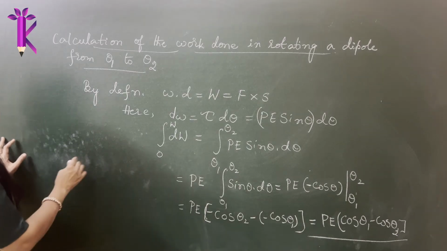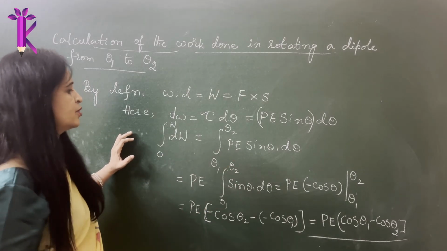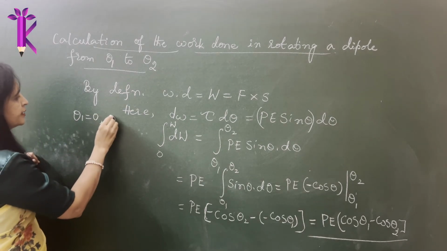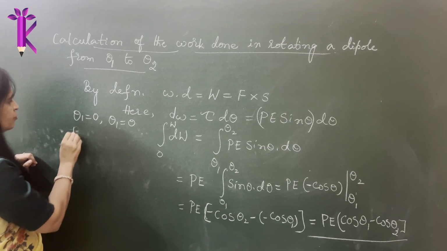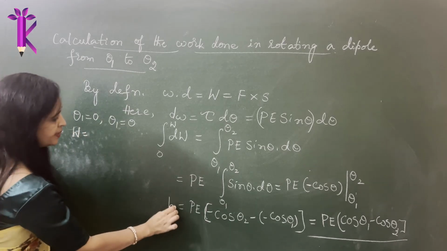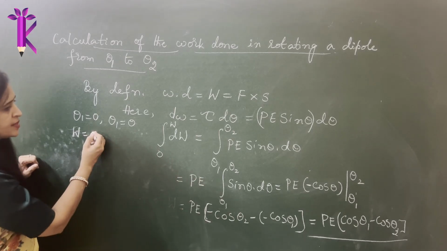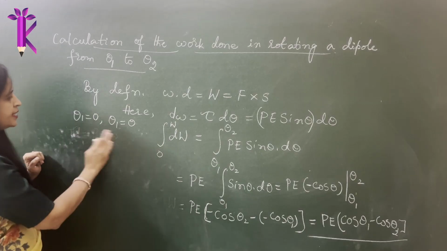Now using that expression, let's calculate for various values. If theta 1 is equal to 0 and theta 2 is equal to theta, what will be the amount of work done? I'll do it separately.